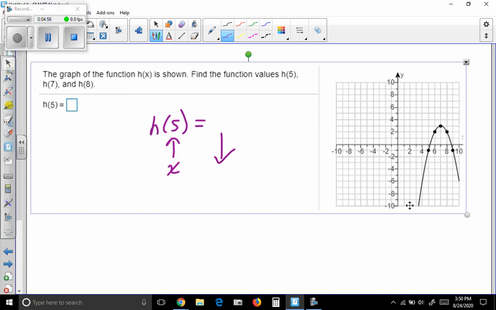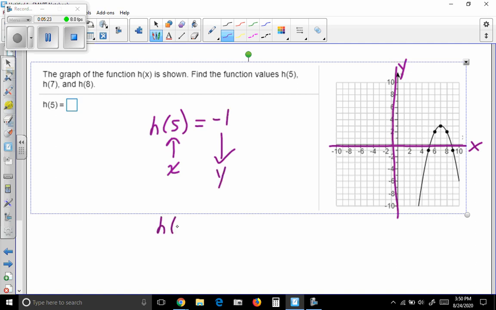A graph is just a relationship, a connection between x values and y values. At different x values, how are they related to different y values? So for the x value 5, this point has an x value of 5. That's related to a y value of negative 1.